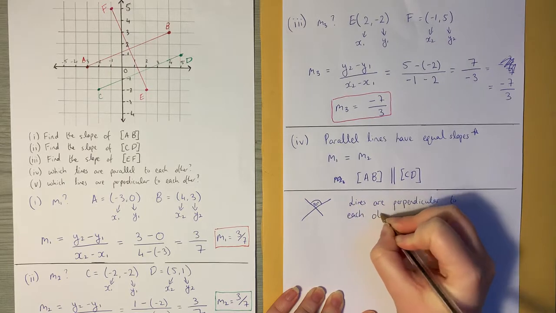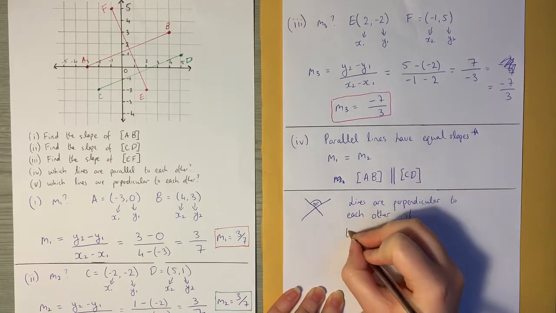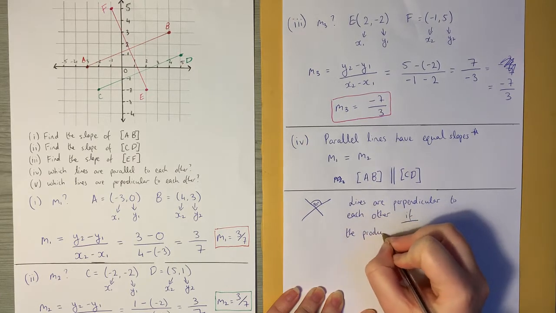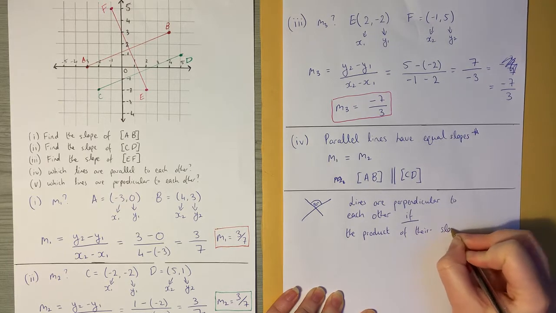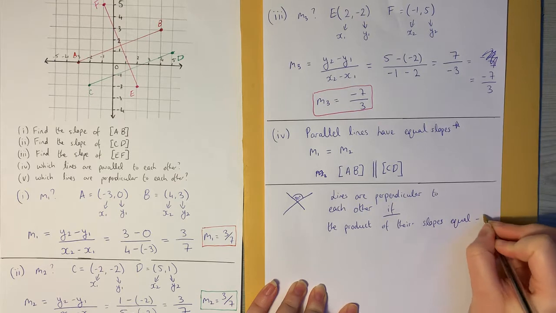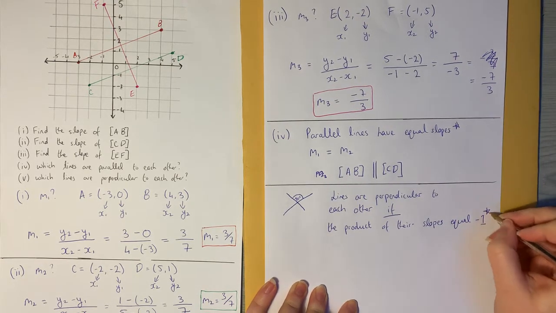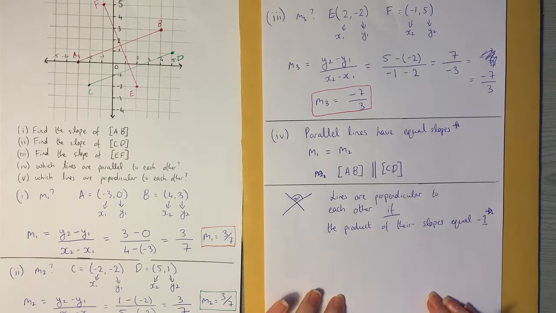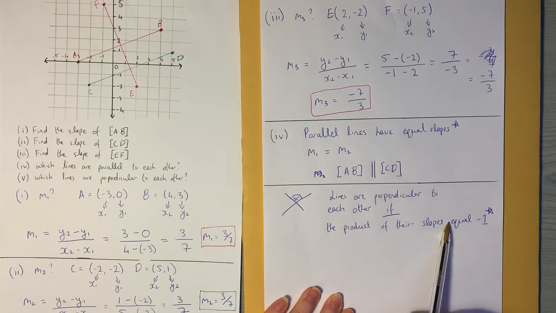Two lines are perpendicular if the product of their slopes, so if you multiply their slopes together, equal -1. Okay, and that's your second important fact of this video. Lines are perpendicular if the product of their slopes equal -1. So if we multiply their slopes together, we get -1.